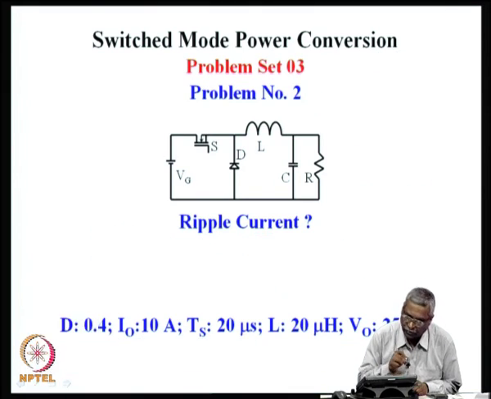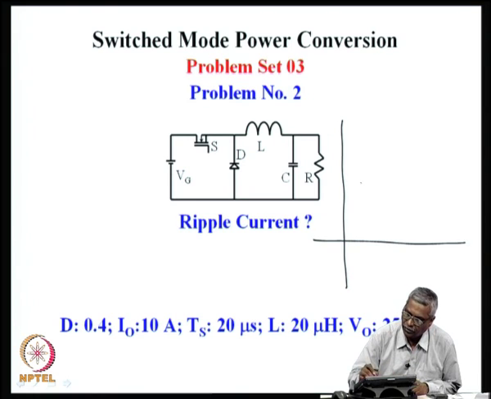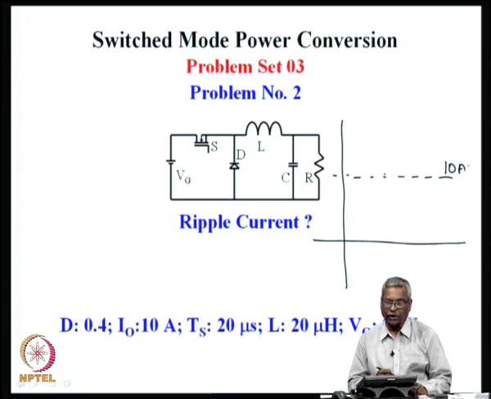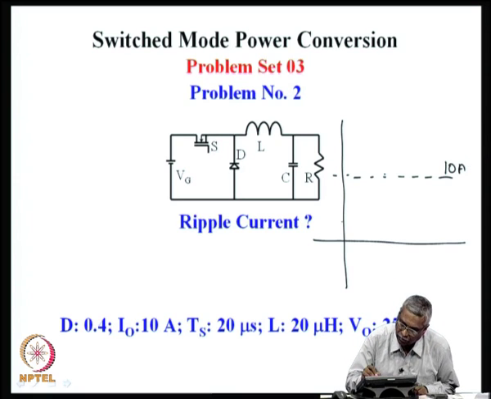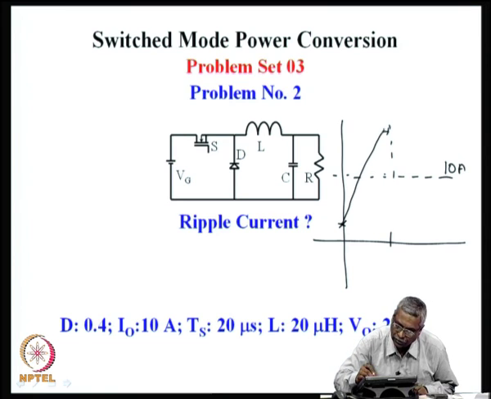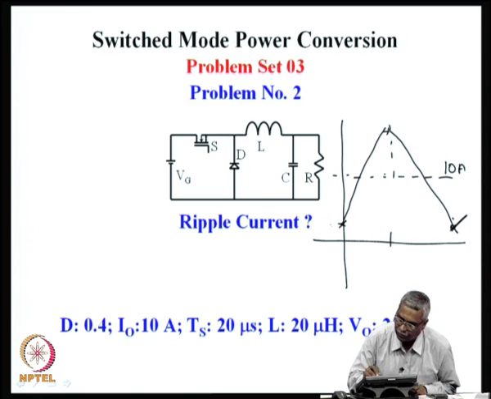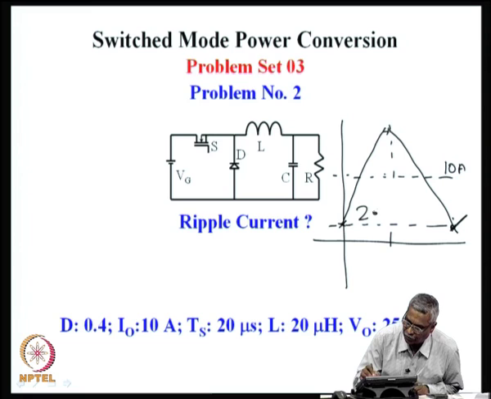So, we might now say that the DC current in the inductor is 10 amperes and the ripple current is 15. So, from 10 minus 7.5 and from 10 plus 7.5, that is 2.5 amperes and 17.5 amperes.